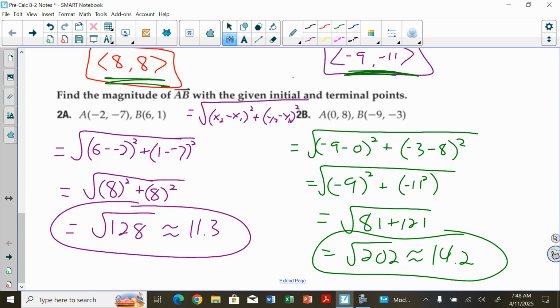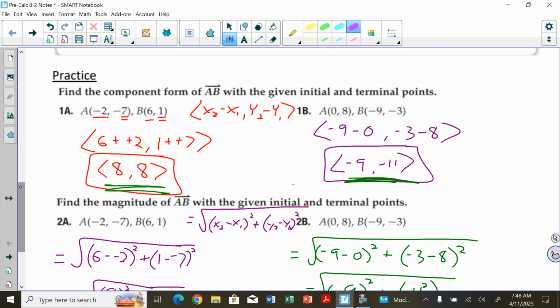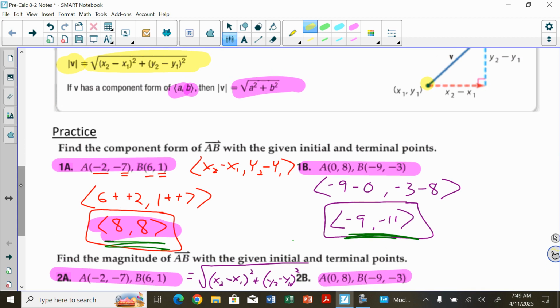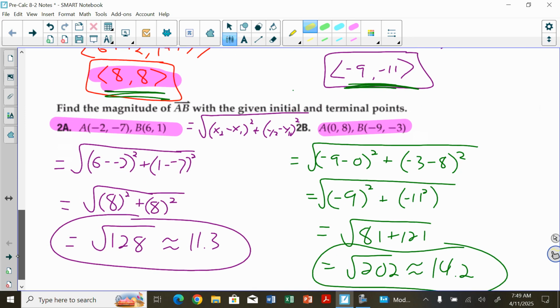Okay, so let's just connect that, right? So if we look at why, it was already in component form, so you use the same examples here. 1a and 2a are the same examples, and same with 1b and 2b, the same points. So we already found component form, so that shows you, if I just took this here, the 8, I could plug it in right here. The a squared plus b squared, essentially, that's what I'm doing if I already have it.